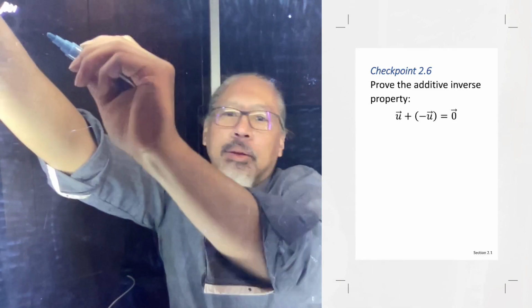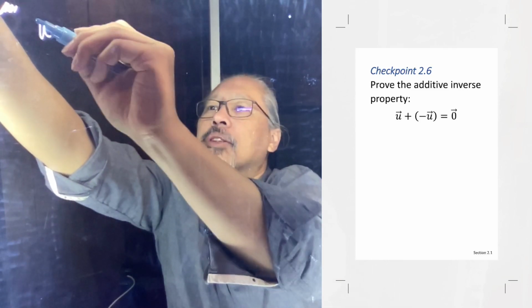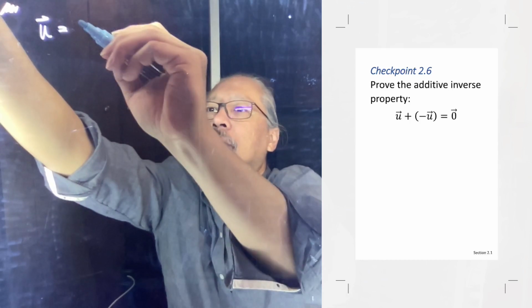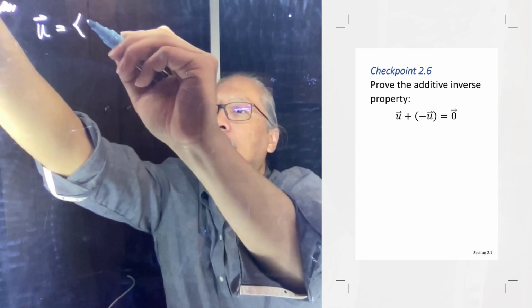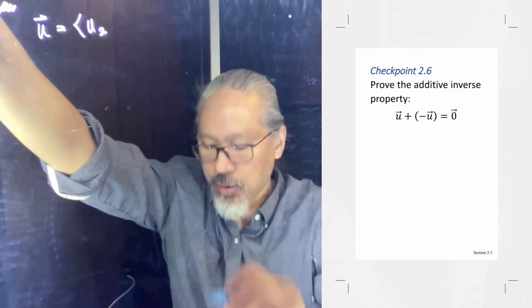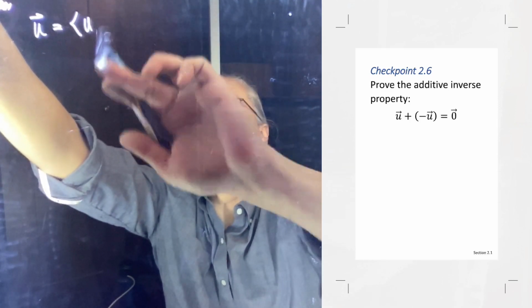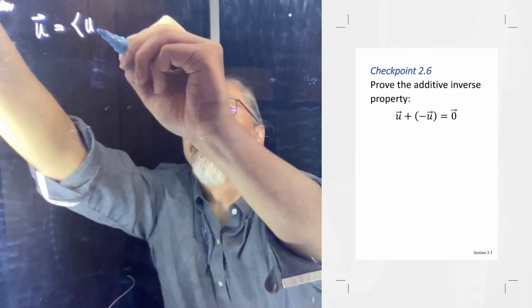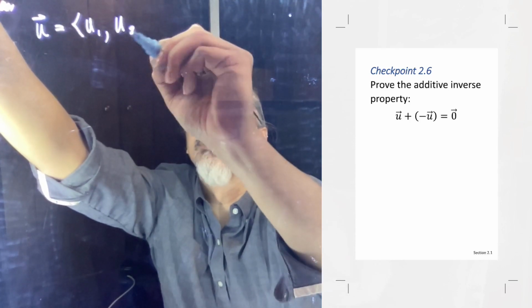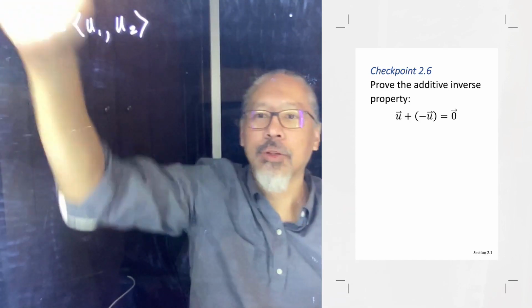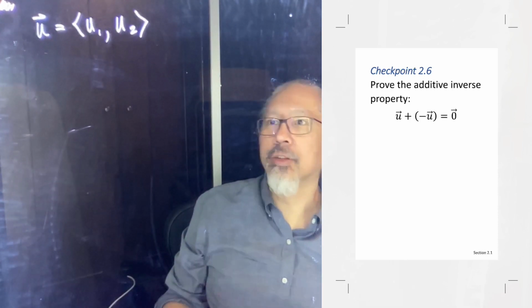Okay, the way we're going to do this proof is we're going to assume that u, the vector, is actually made up of the scalar components. And I meant to put u sub 1 here, comma u sub 2, where u sub 1 and u sub 2 are just numbers, they're not vectors.